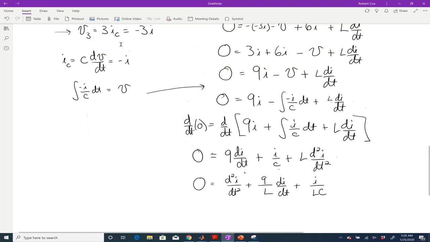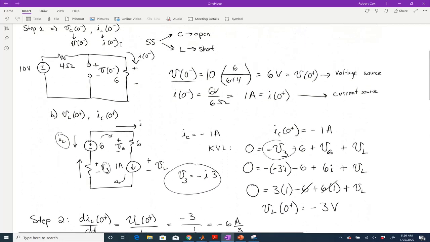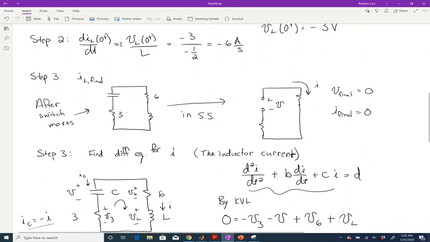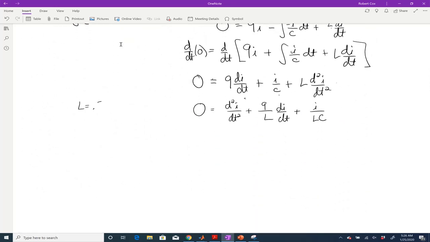Now what is L and what is C? In this particular case, C is equal to 0.02 farads and L is 0.5 henries.